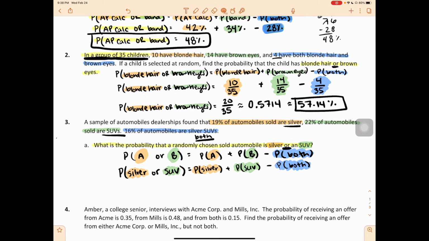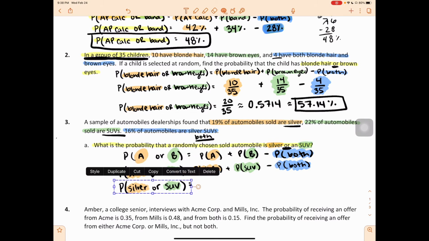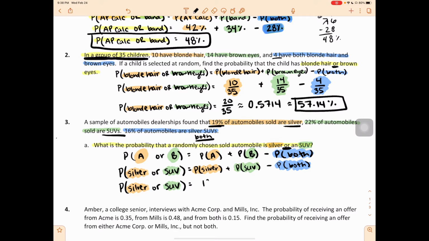Okay, so I'm just going to go ahead and take this. This is what we're solving for. We know that the probability of it being silver is 19%. The probability of it being an SUV is 22%. The probability of it being a silver SUV is 16%.